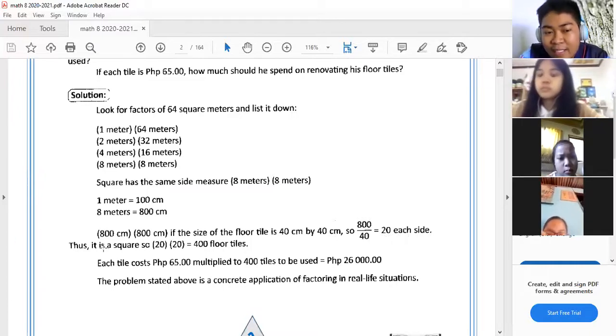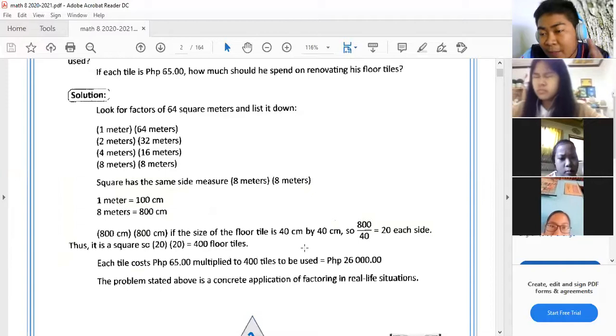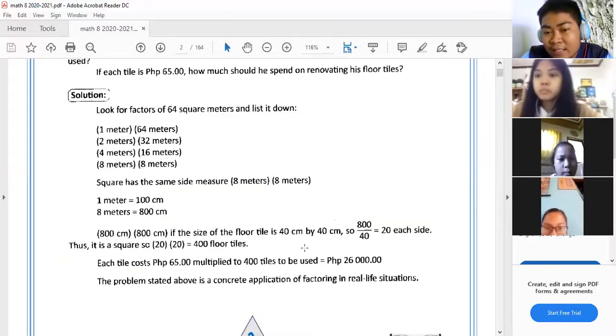Thus, it is a square. So 20 by 20 is equal to 400 floor tiles. Since our square is a same-sided figure, one side of 20 times 20 will give us the area 400.